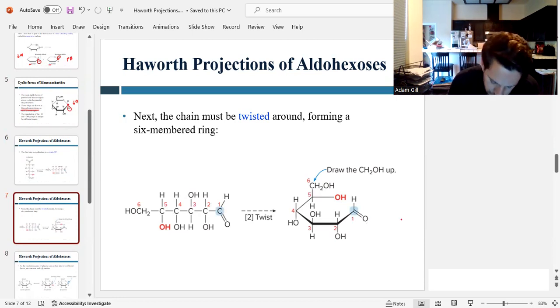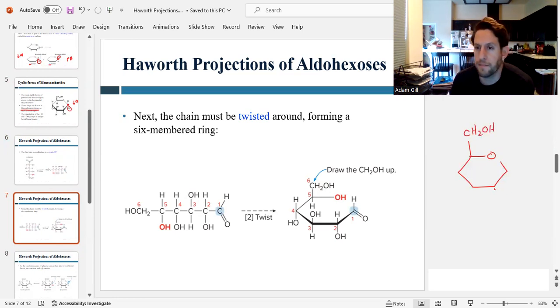And the eventual structure that you're going to get is a 6-membered ring with the oxygen in the top right. And so this is the core structure for any 6-membered sugar ring. And carbon 6 will always point up like that.